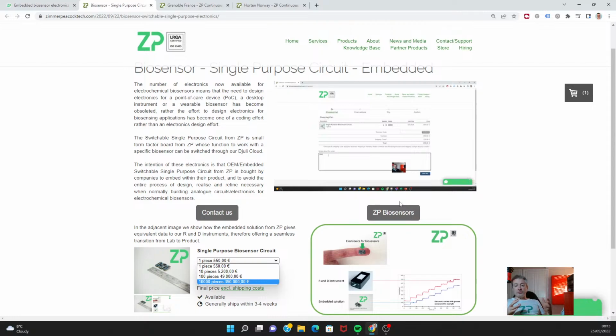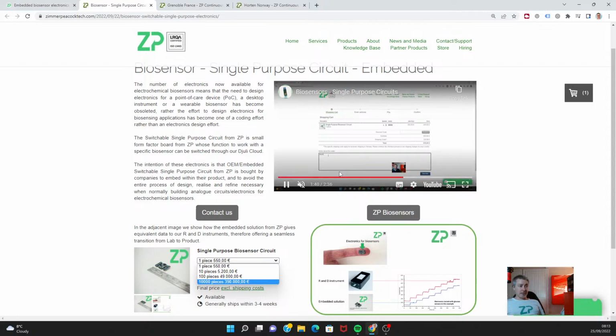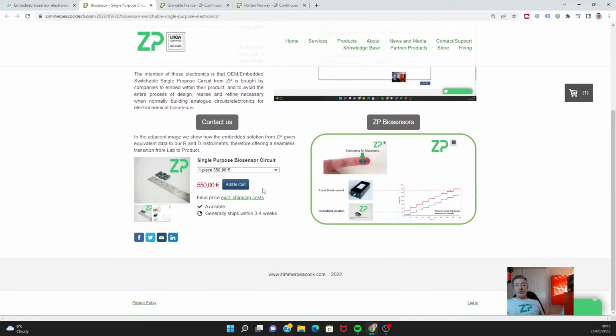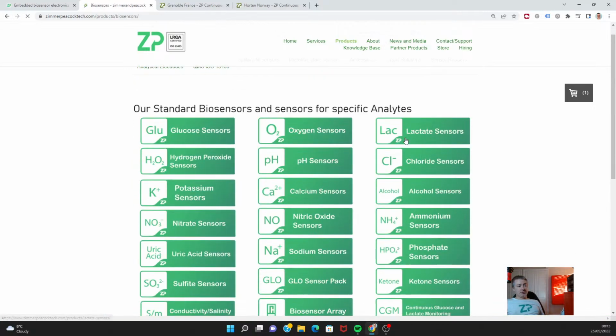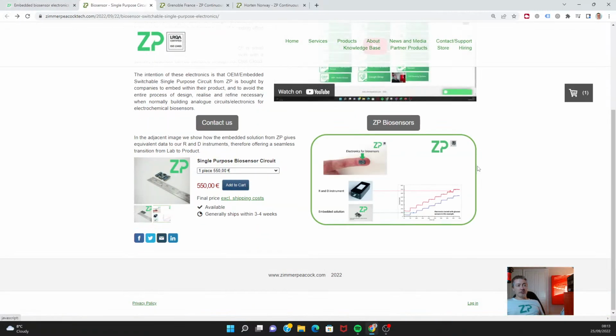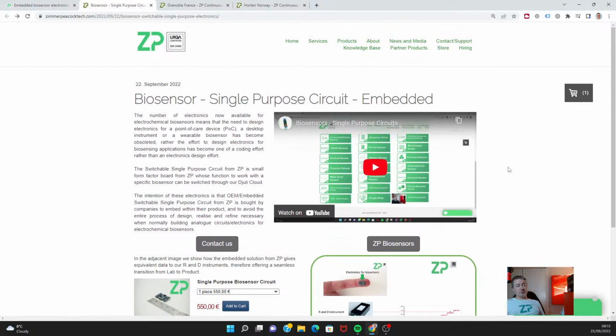So we want to remove as many barriers as possible, and so we've come up with this single-purpose circuit. People can choose whether they want it for glucose, lactate, or any of our biosensors. Our biosensors are actually rather extensive, so I'm not going to read the range this morning, but I think that really reduces the barrier to market entry for people.